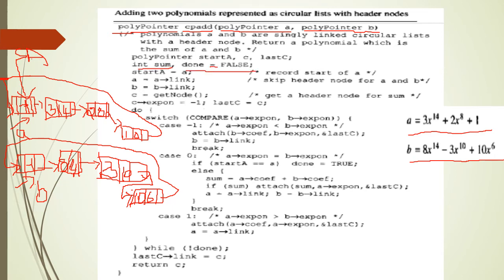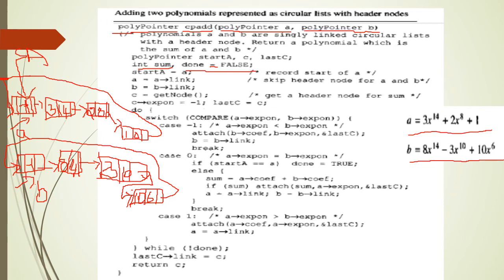We have declared one variable of type integer, that is done, and we have stored the value false in that. So startA is equal to A. I have already declared startA, it receives the value A. Therefore startA is pointing to the header node of the first polynomial.